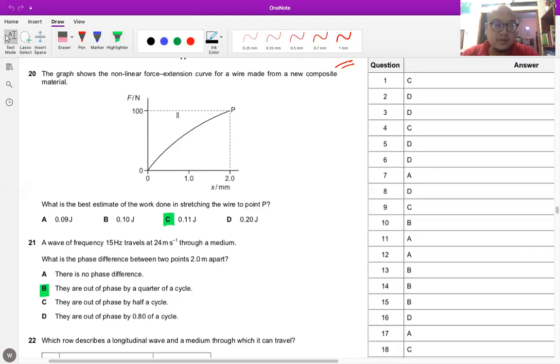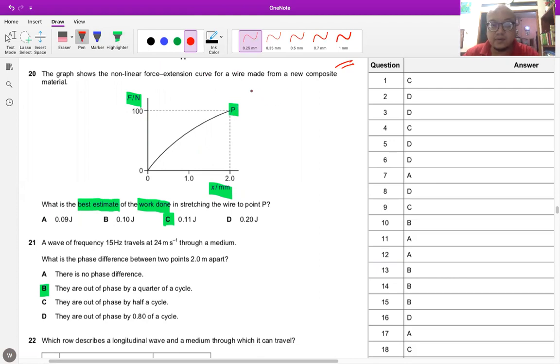The graph shows the linear force extension curve for a new composite material. The force is on the y direction and the extension on the x direction. What is the best estimate for the work done stretching the wire to point P?